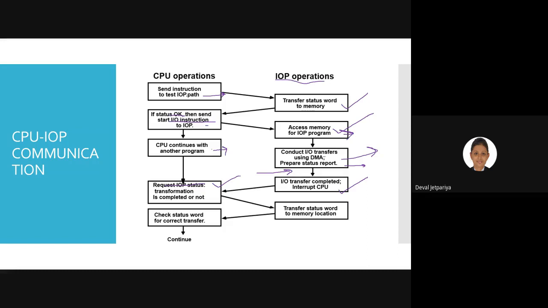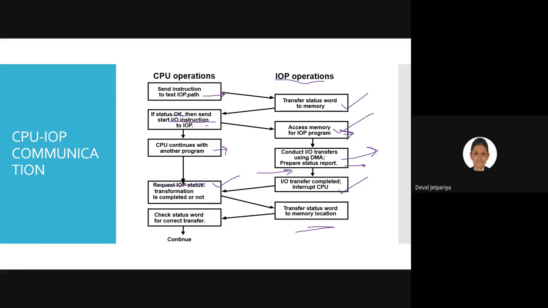Okay, fine. After that, from that status, the CPU will get information like whether the task has completed or has some error or anything else, right? After that, the IOP will respond by placing that particular content in the status report in some specific memory location, right?